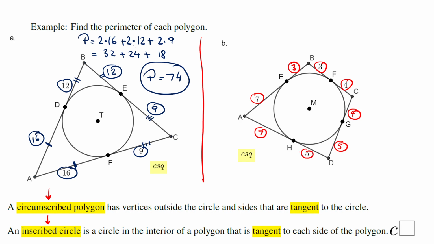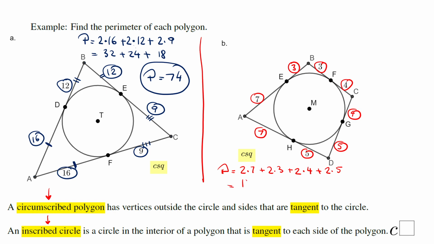So how do we find the perimeter? Very similar. I'm going to use that shortcut I said, twice each number. 2 times 7, 2 times 3, 2 times 4, and 2 times 5. So what do we get here?